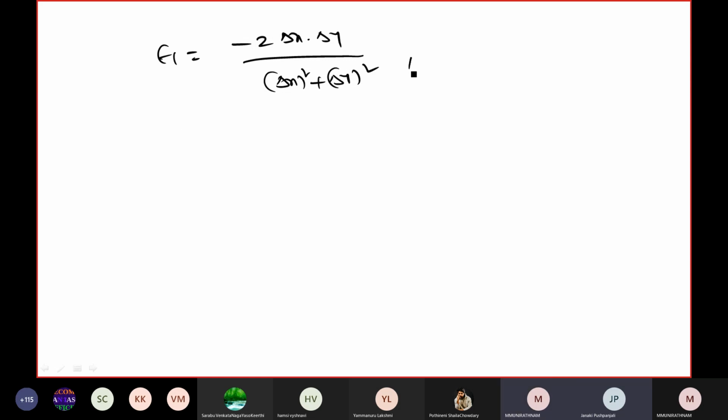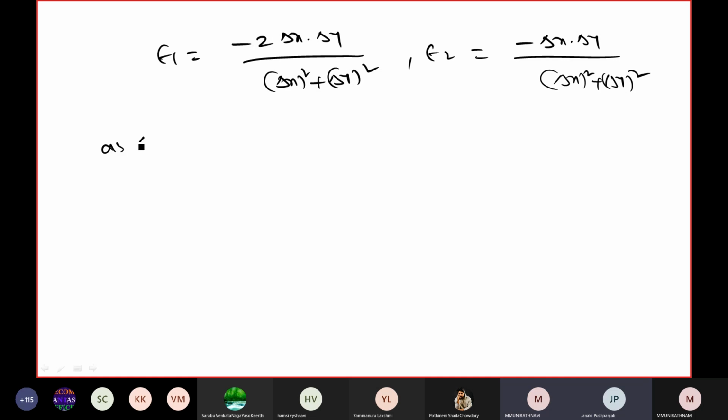So if I take epsilon 1 as minus 2 delta x into delta y by delta x whole square plus delta y whole square. Okay, na? Epsilon 2 as minus delta x into delta y by delta x whole square plus delta y whole square.